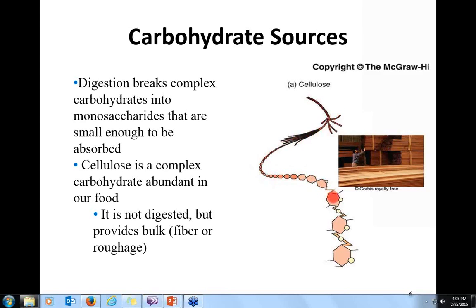Again, this is a string of monosaccharides. However, this one's used primarily for support and structure of plants. We are unable to digest it, in other words, we lack the enzymes to break down these bonds. This is what we call fiber or roughage, and it helps us remove waste.